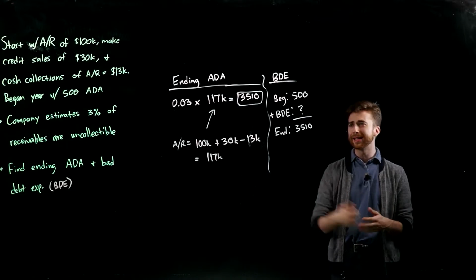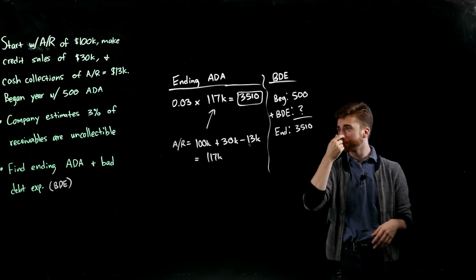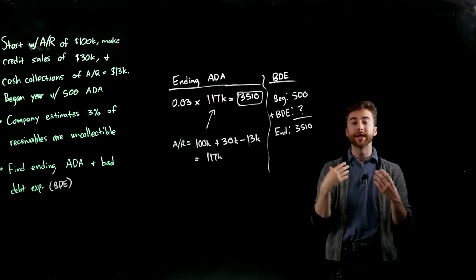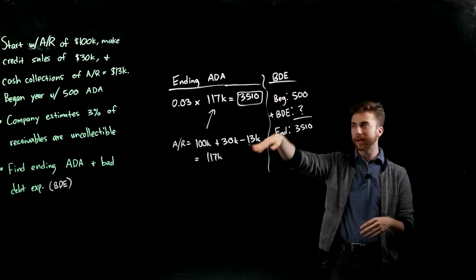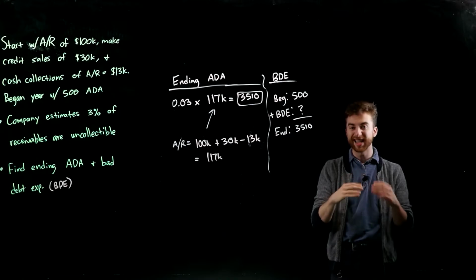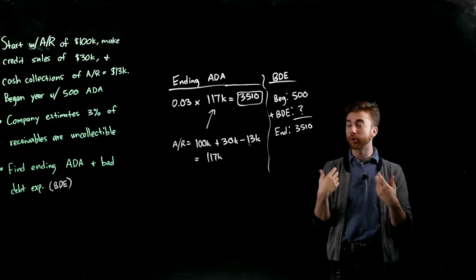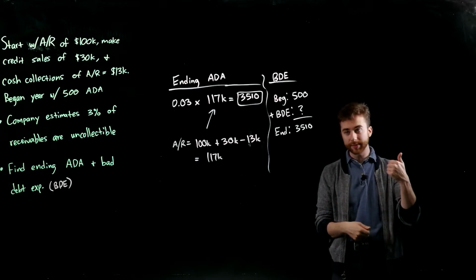So to find the ending ADA, it's as simple as taking 3% of your 117, which is your accounts receivable balance. The way I got that accounts receivable balance was just by compiling the information from the problem. I started off with $100,000 in my accounts receivable. I made credit sales of $30,000, meaning all those were on account, so it increases my accounts receivable.